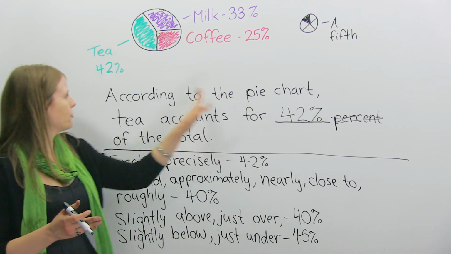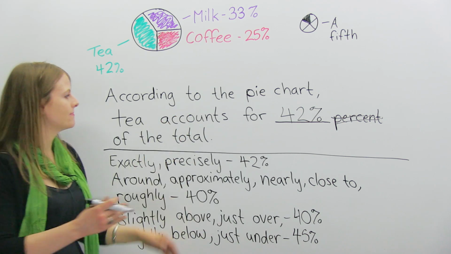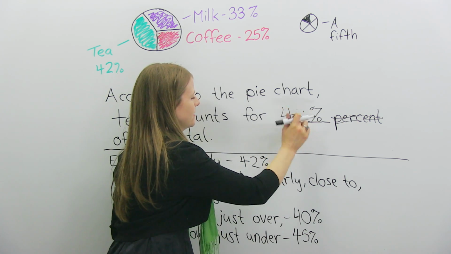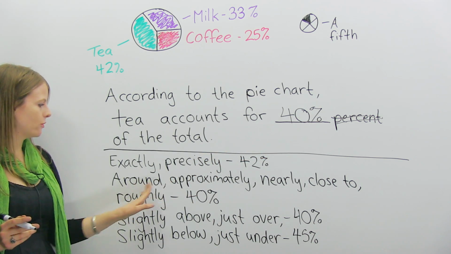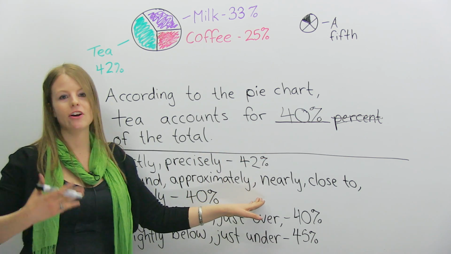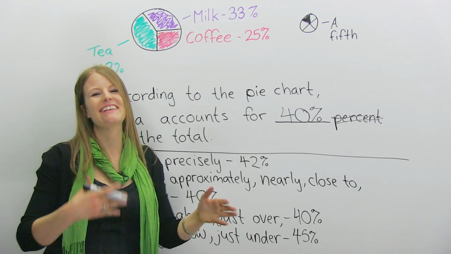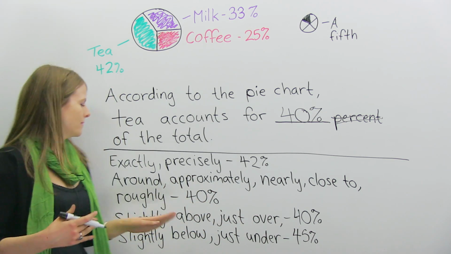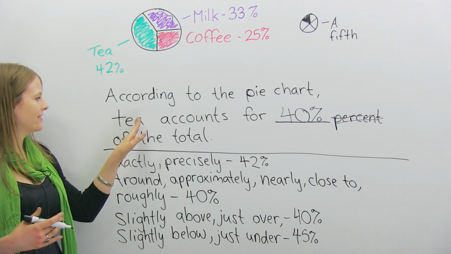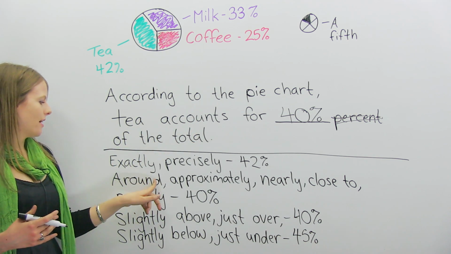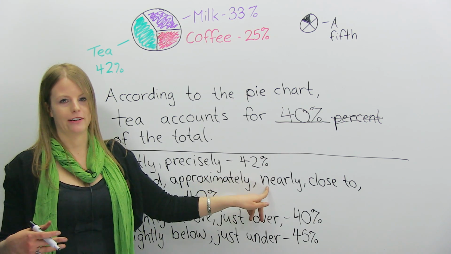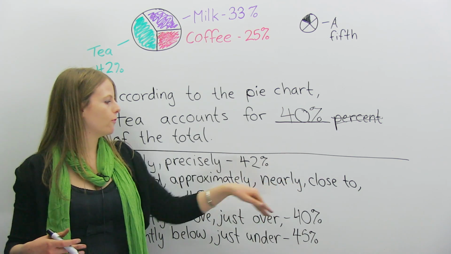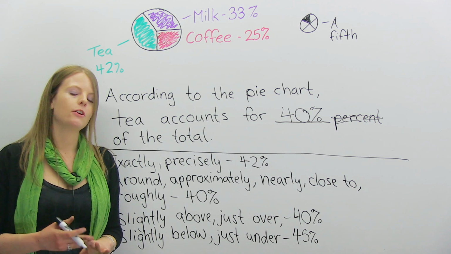So instead of saying 42%, which tea is, I can change this to 40% if I add one of these words, because it's not 40% exactly, but it's close enough. So I can say, according to the pie chart, tea accounts for around 40% of the total, or nearly 40% of the total, close to 40% of the total.